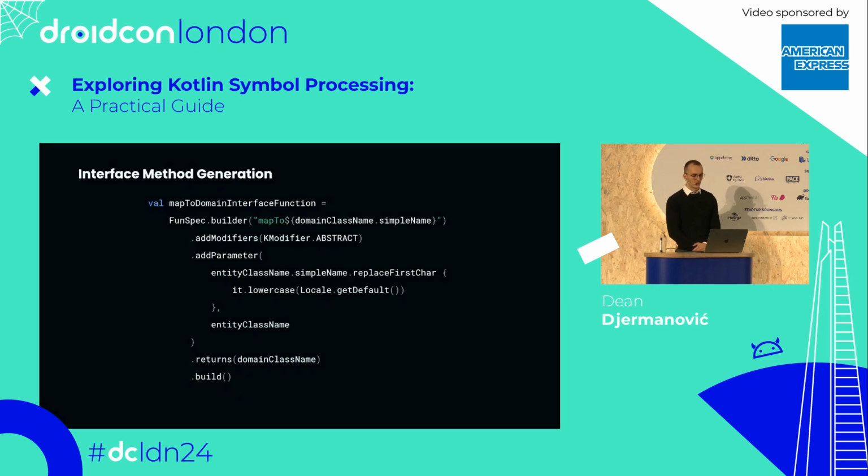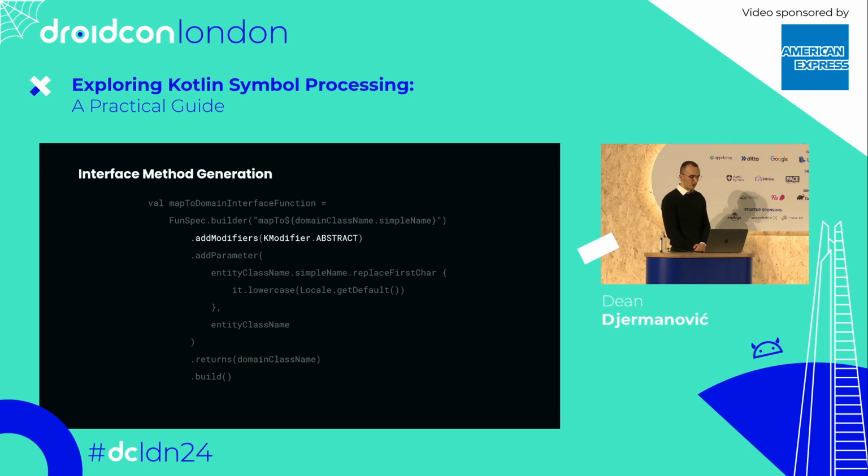To create a function in KotlinPoet, we have to create an instance of FunSpec. To do that, we can use FunSpec.builder and pass in the name of the function. Since this is an interface function, we have to add an abstract modifier to this function. The abstract modifier indicates that this function has no implementation, so it has no body. We also have to add a parameter to this function.